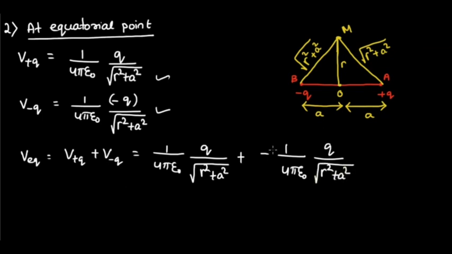So these two terms will cancel each other. So the total electric potential at the equatorial point of an electric dipole is 0.